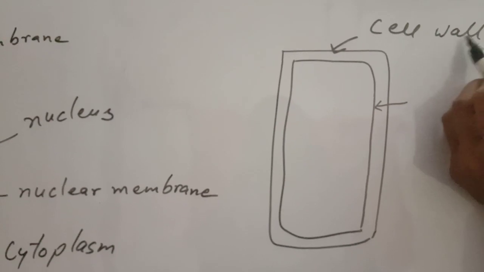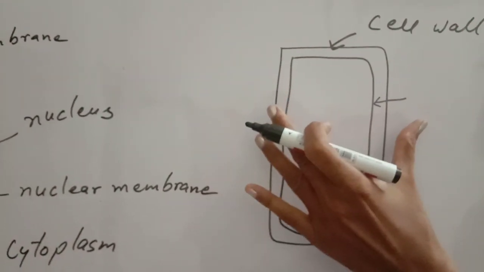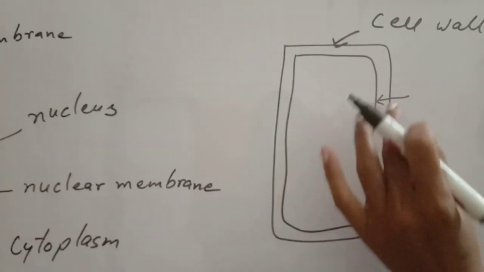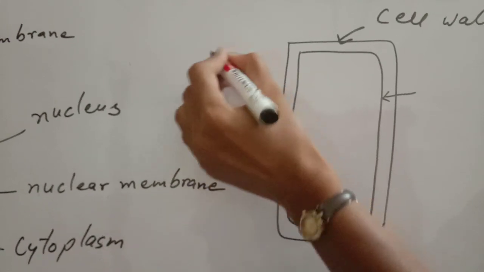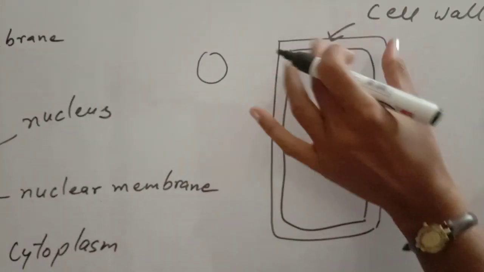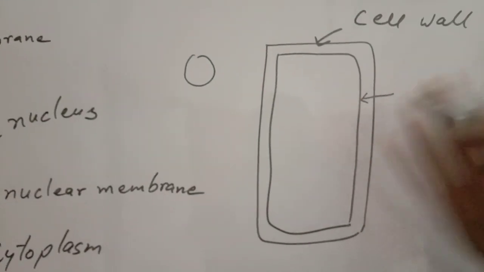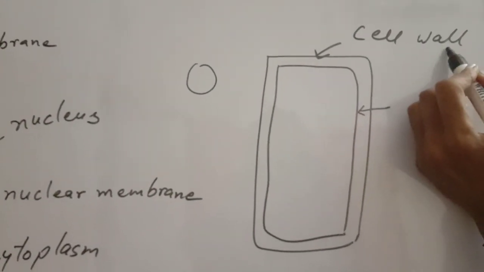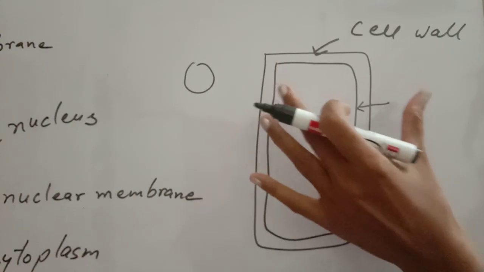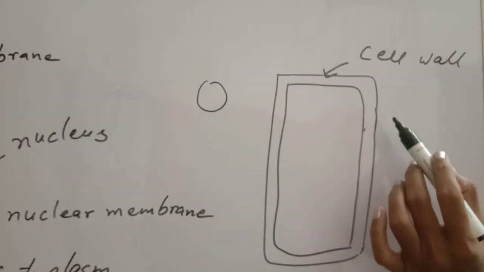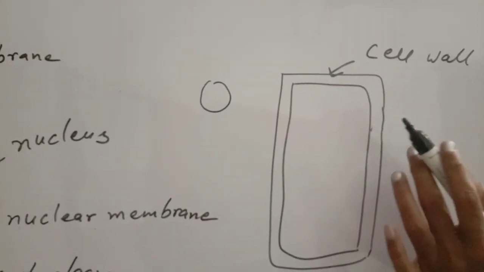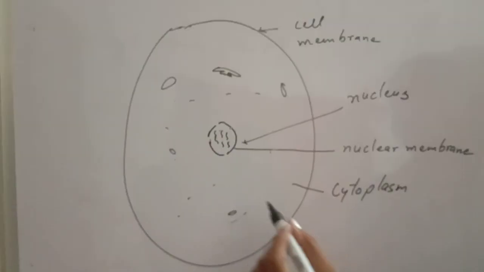The cell wall is made up of cellulose, and it gives structure. Therefore, the cell of an animal is like this, while the plant cell has a particular, perfect structure. It is made up of cellulose. It gives strength to the cell and provides rigidity to the cell.